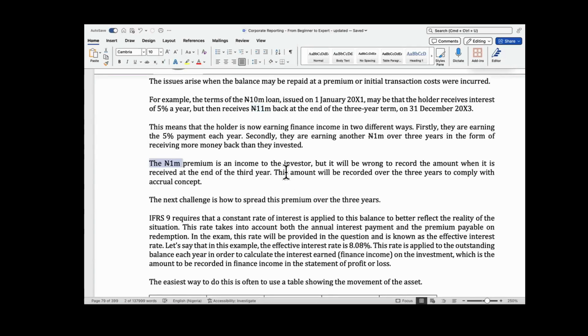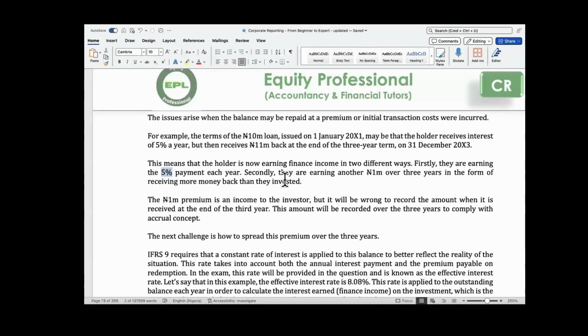So the right thing is that these amounts will be recorded over the 3 years to comply with the accrual concept. Rather than recognizing only 5% in our books every year, in addition to that 5% we need to find a way to recognize this extra 1 million every year.